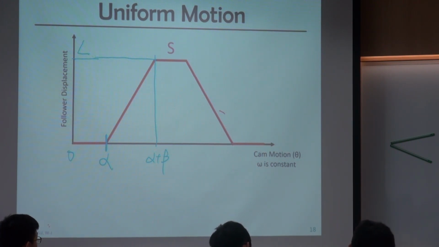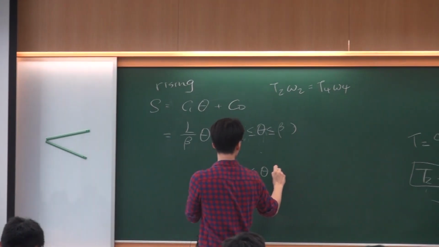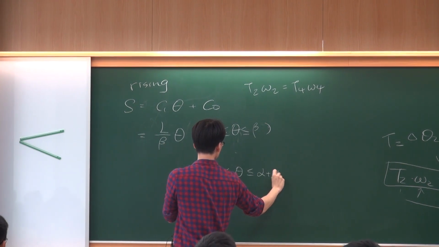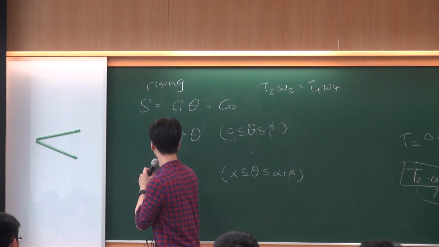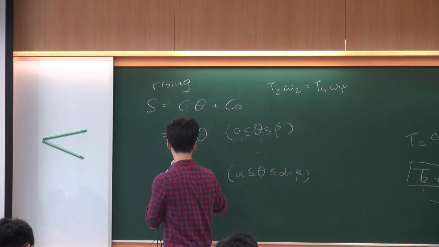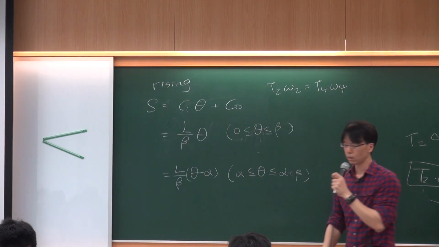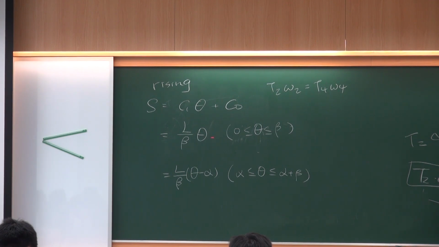So for this case, you simply replace the original theta with theta minus alpha, because it's just a shift in the x coordinate. And the range will also change correspondingly.